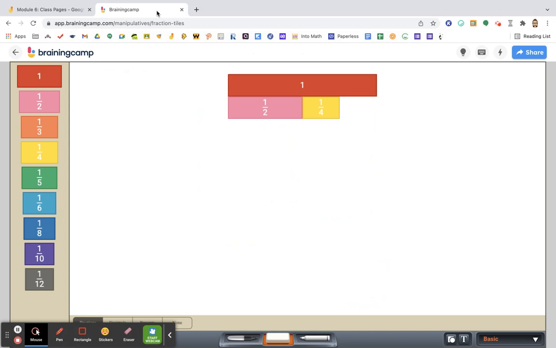But how else can I show it? What can I put underneath that will fill this up completely? Well, if I do 1/2, that's not going to work because there would be a hole there.